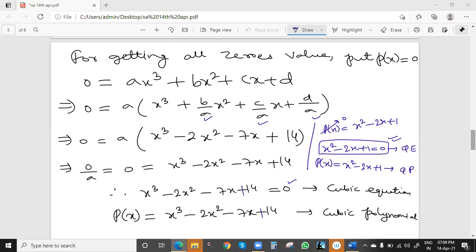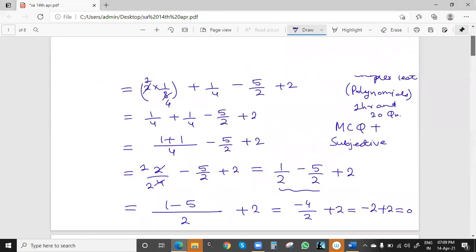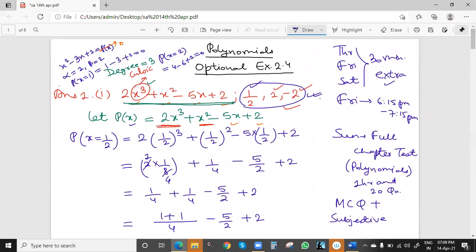First question first. In the first question there were two parts, first and second. We have seen the first part. The second one will be similar to the previous one only, and that will be homework for you. Then the second question we have seen just now.